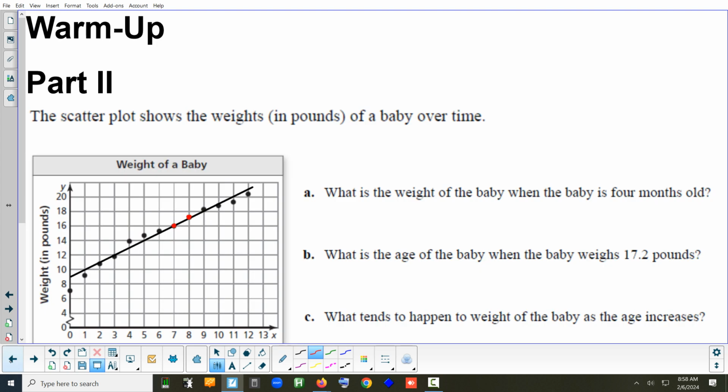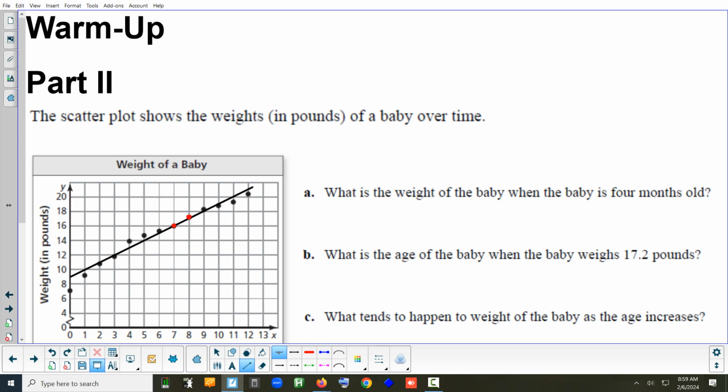If I go back to what we did in the warm-up, that's a pretty good line. The way I can tell it's a good line is if I look at the dots and how far each dot is from the line. In general, each dot isn't really that far.